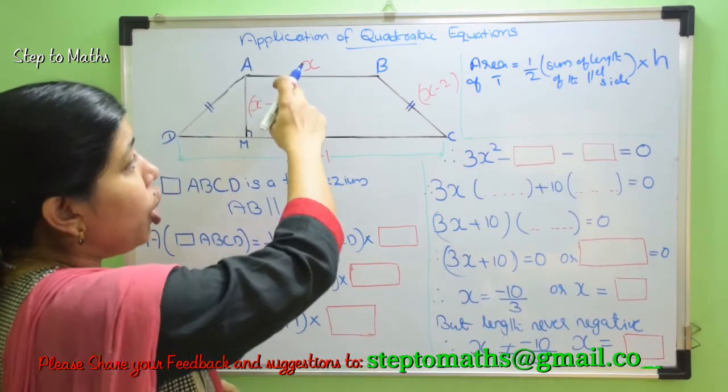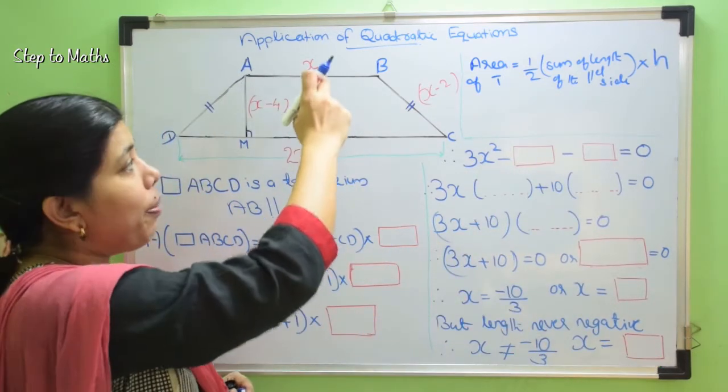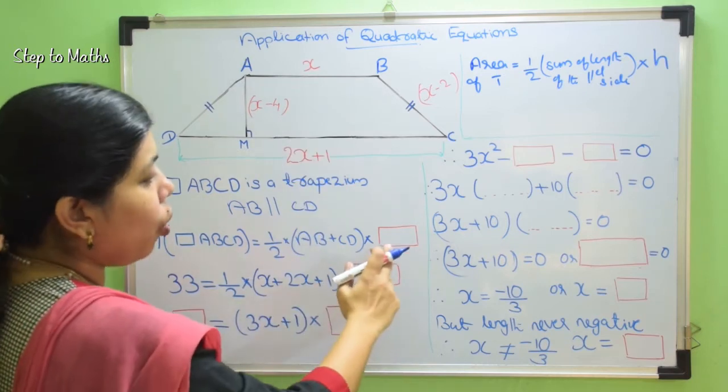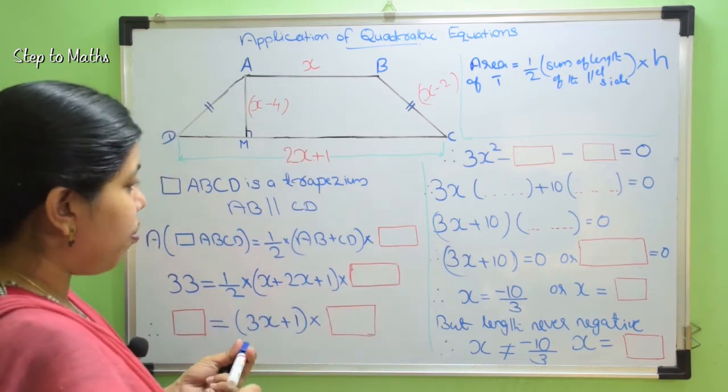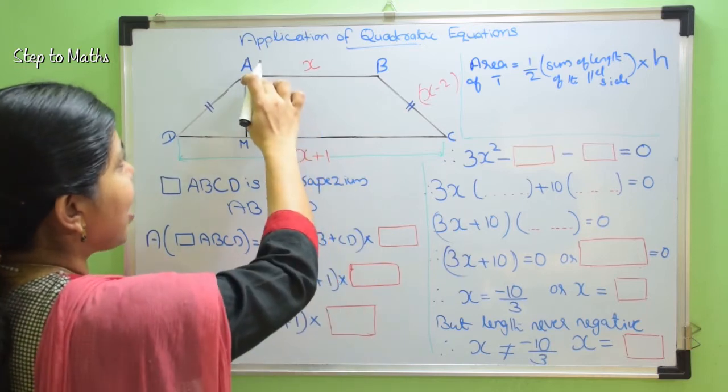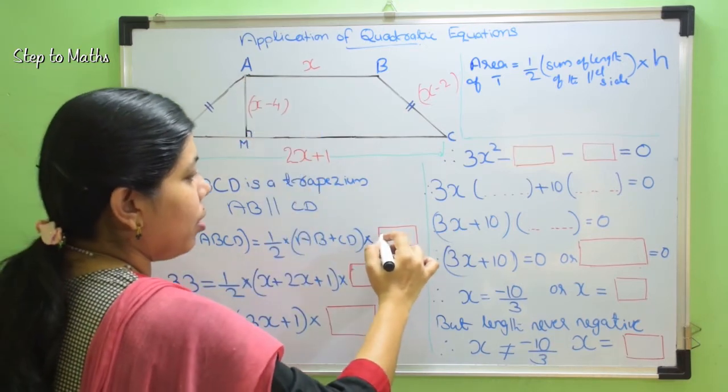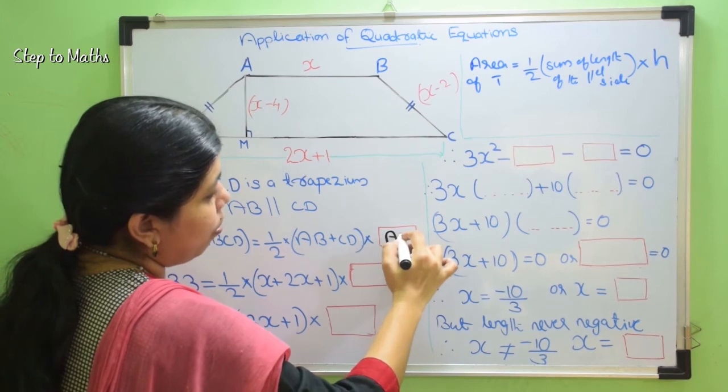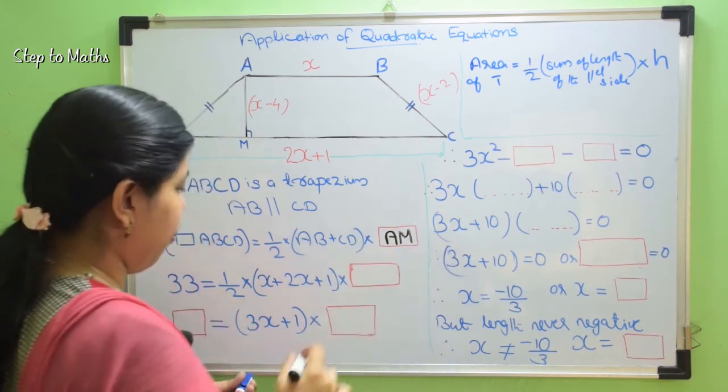Height or perpendicular distance between the parallel sides. So, what will come in this empty box? Its height is AM. So, we can fill this empty box as AM.